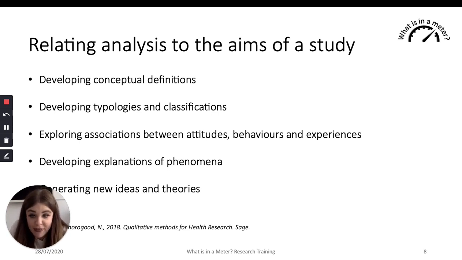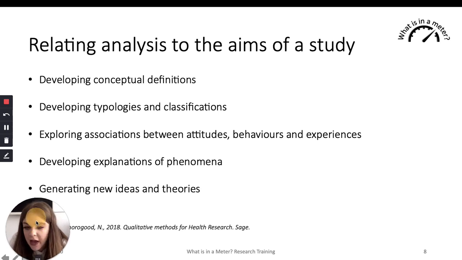So I've just taken these bullet points listed on the slide from the methods textbook by Green and Thorogood, which is a really good source of information for anyone who wants a more in-depth explanation on anything that has been covered in the previous sessions or these particular sessions.